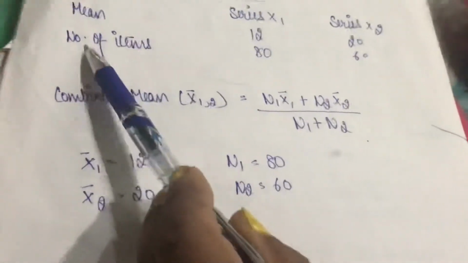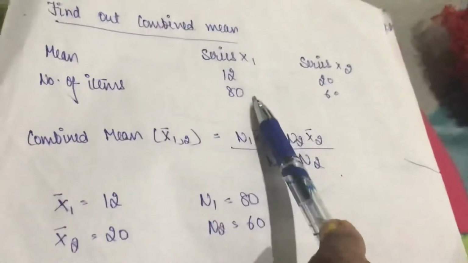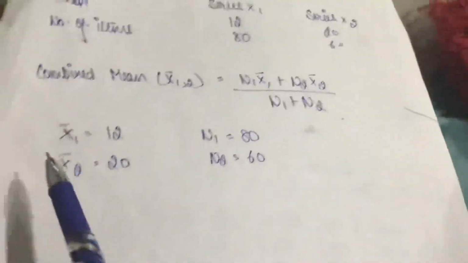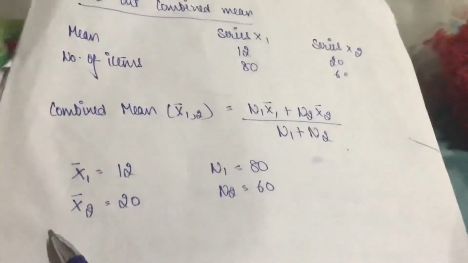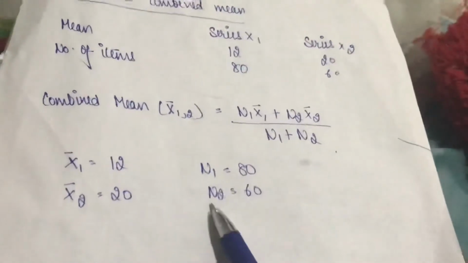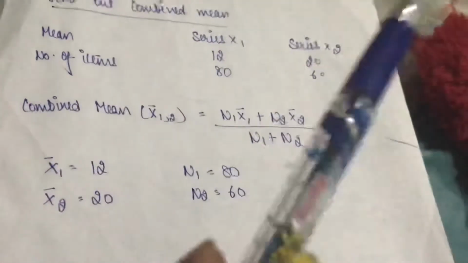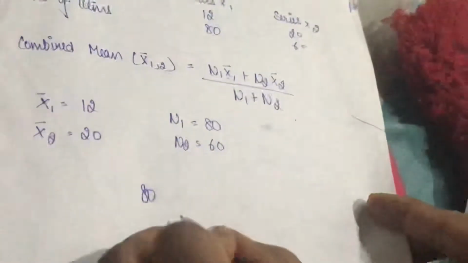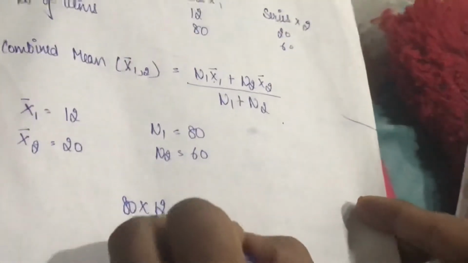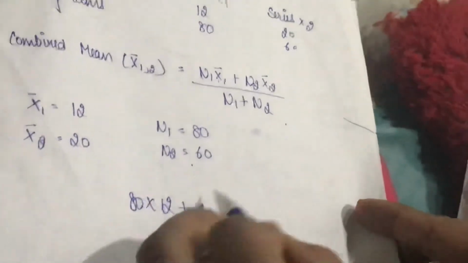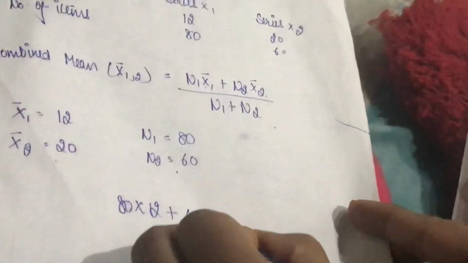Let us see over here. Number of items are 80 and 60. Mean is 12 and 20. So that is easy. Mean 1 I have written 12, mean 2 I have written 20. Number of items of the first series is 80, of the second series is 60. So let us put the values. Instead of n1 I write 80, mean 1 is 12, then n2 is 60, mean 2 is equal to 20.